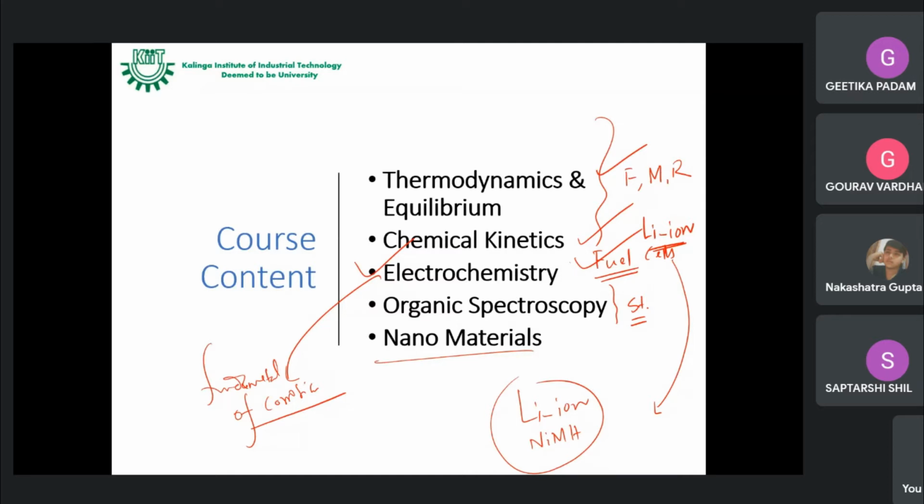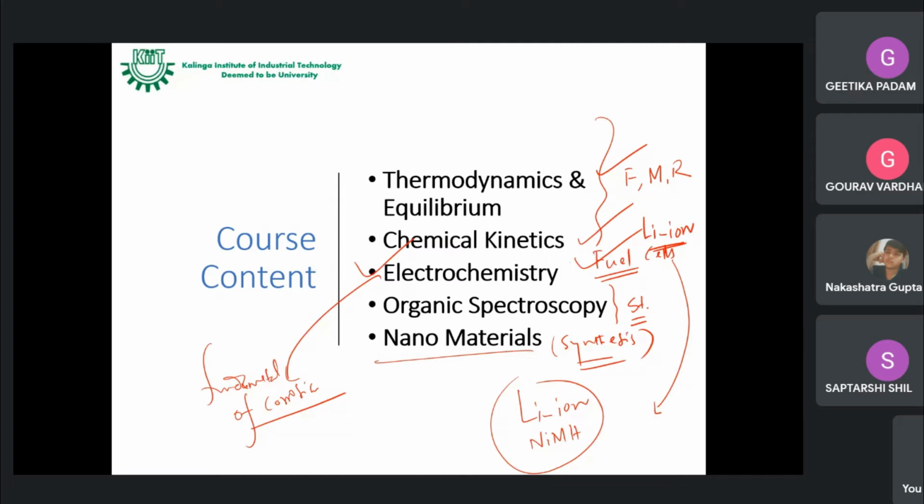And even in energy storage devices, you will find the application of these nanomaterials. And as chemists, we are interested to understand what nanomaterials are, the classification of nanomaterials, and the syllabus mostly aims at the synthesis of nanomaterials. So we are more interested in the classification and synthesis because we are chemists. So we give more emphasis on the synthesis of the materials.